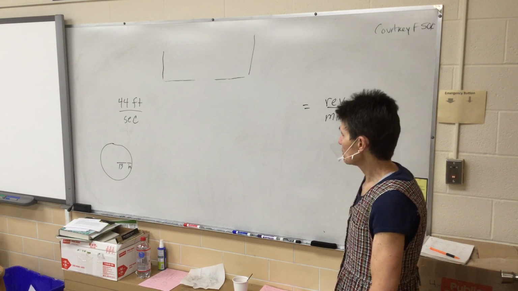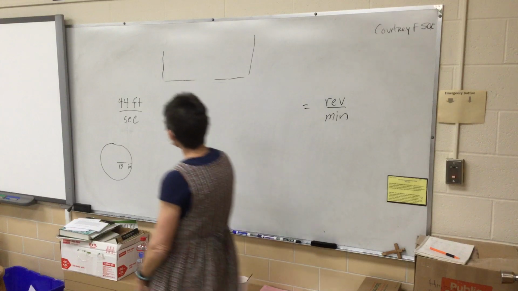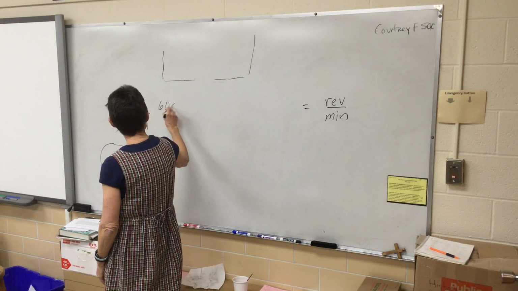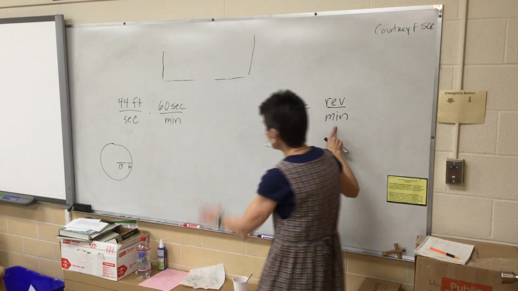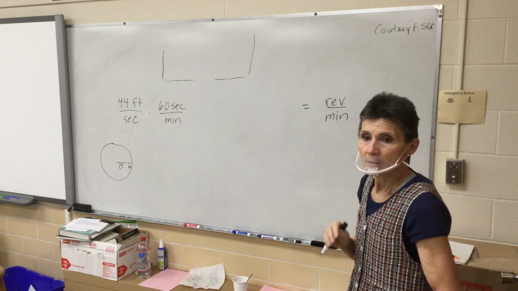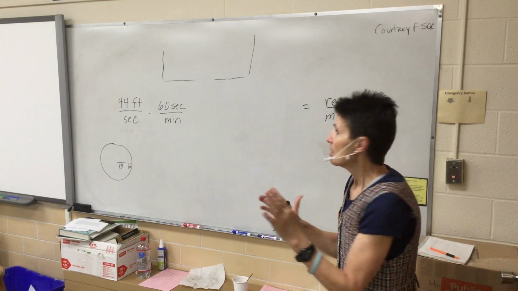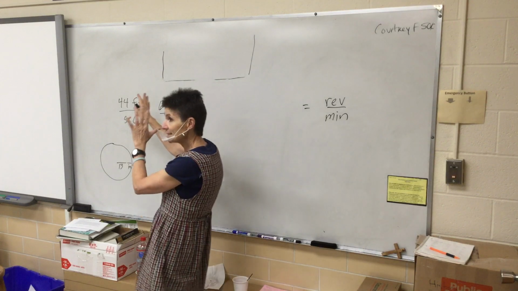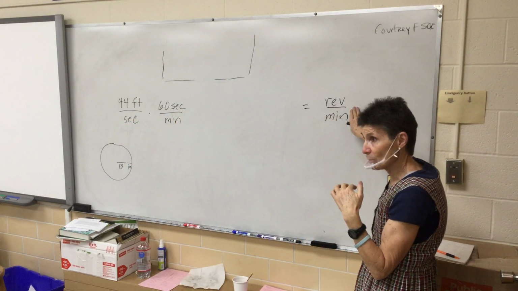Well, the first thing you probably notice is you got seconds and you need minutes, so that's easy. We'll say there are 60 seconds in 1 minute. And then we have our minutes on the bottom and we're done with that. But this is now, it's not tricky, but you have to think about it for a second. We've got a distance and we need to get it in terms of a revolution.